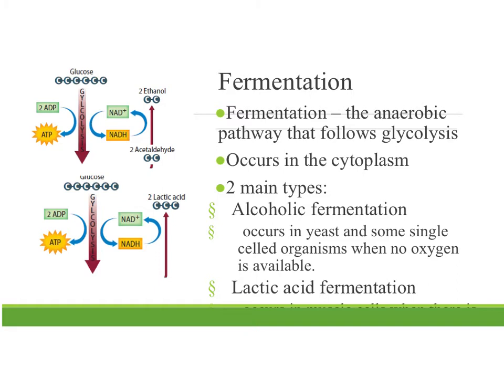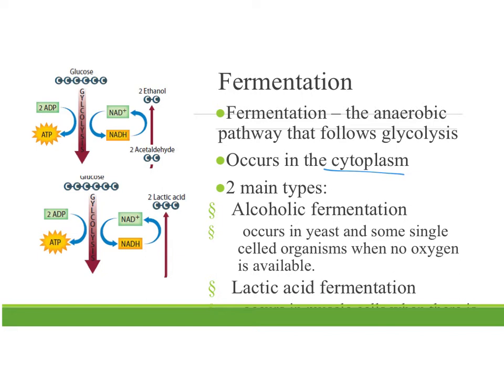Fermentation is an anaerobic pathway, and it only follows the stage of glycolysis. Since it's following the process of glycolysis, fermentation happens in the cytoplasm. There are 2 main types of fermentation: alcoholic fermentation and lactic acid fermentation.